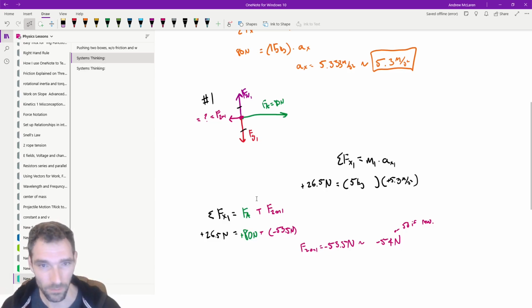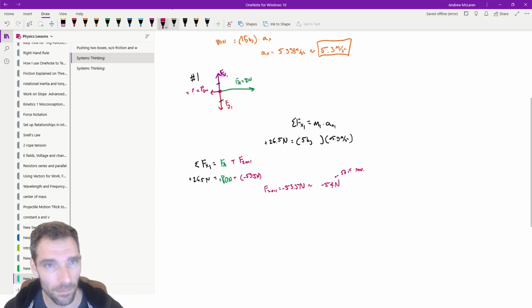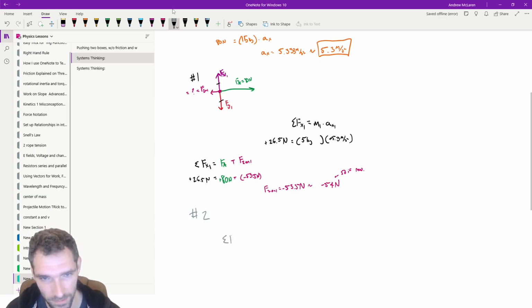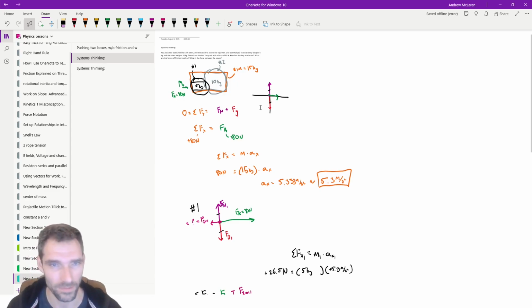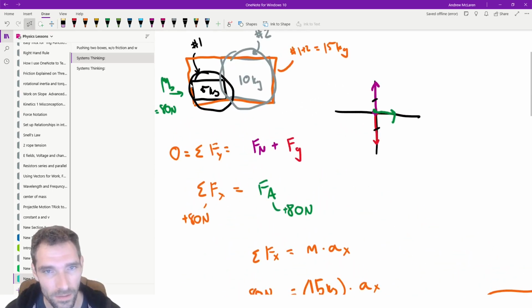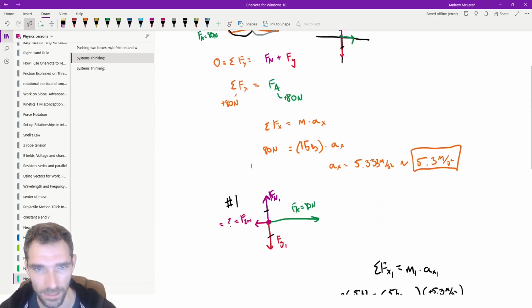And just to kind of reinforce this, we can also look at box number 2. Its sum of forces for box number 2 is going to be, now we don't have any force applied directly done to that. It is just this force 1 on 2 now. So whatever this was pushing on that with, that will also push the other way, equal and opposite forces, right?